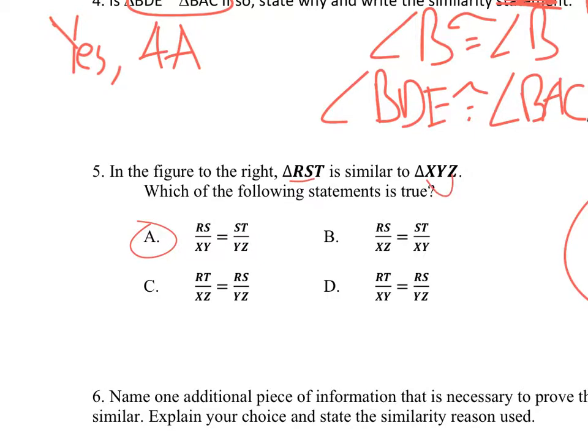Are those the same order of letters? No, RS is the first two, XZ is first and third. So we know B doesn't work. Okay, check C. So we have RT, first and third, is to XZ, so that works. Then we have RS, which is first and second, to YZ, which is second and third. So that one now does not work.